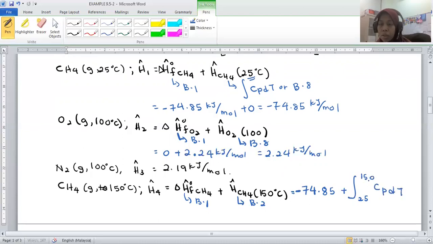So you include all the information and integrate the data for the methane through this equation. Then you get the final answer for methane, 69.95 kilojoule per mole.